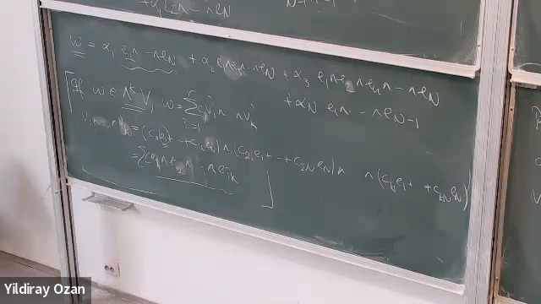A2 sigma L. So here the coefficients will be as follows: A1 sigma 1, and then A2 sigma 2, up to An sigma n. Okay.